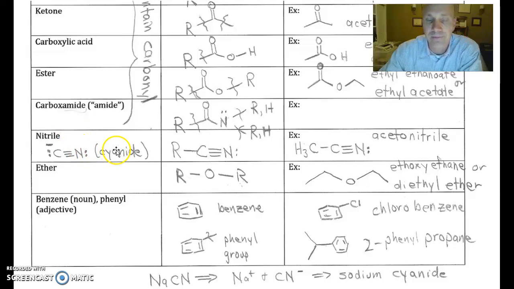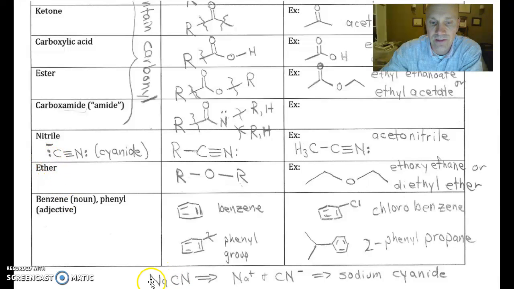That's cyanide. One thing I want to point out is it could be a little confusing, and the difference between a nitrile and a cyanide is that a nitrile is when the carbon is covalently bound to another carbon. When it's a cyanide, the cyanide is an ion, so the carbon is not covalently bound.